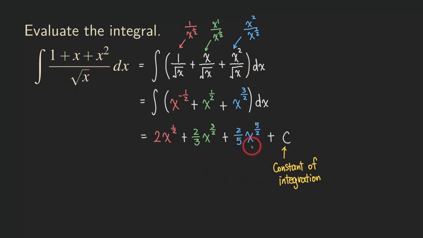Okay, so that's how we handle this problem. It doesn't really require any difficult or tricky techniques. All we need to do is a little bit of algebraic manipulation to change their looks, and once we turn each fraction into power form, we can integrate directly. Okay, so that's it for this problem.